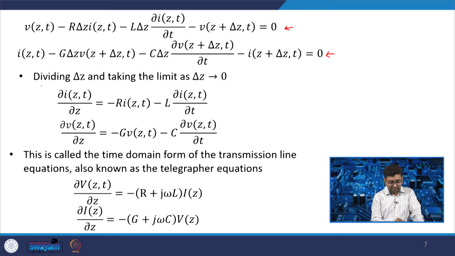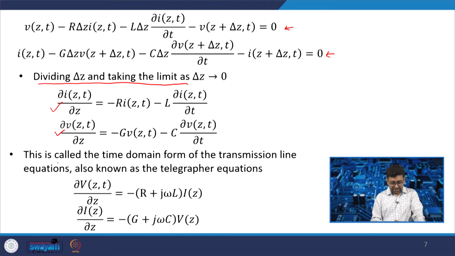Now, if you divide the above equation by delta z and take the limit delta z tends to 0, you will get del V by del z equal to minus R I(z,t) minus L del I(z,t) by del t, and similarly you will get the equation for del I. So, this same equation you can write in terms of del I and del V.